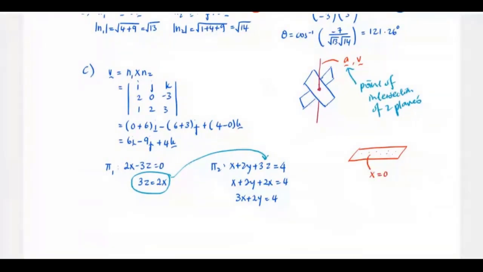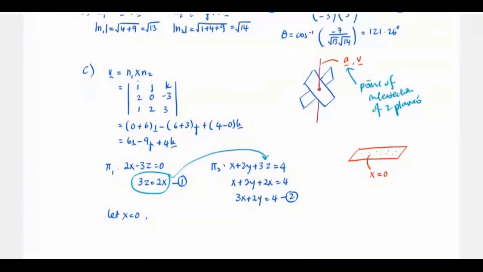Kalau kamu nak let y equal to 0 boleh, z equal to 0 pun boleh, tak ada masalah. Yang penting salah satu 0 untuk menyenangkan kita cari koordinat. Okay, so let's say I let x equal to 0. So directly from first equation and second equation here, we can have the value for z and y.